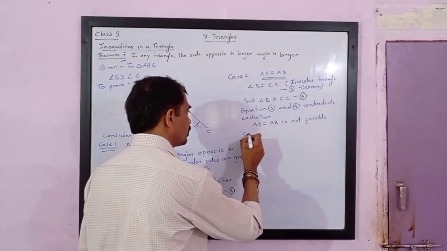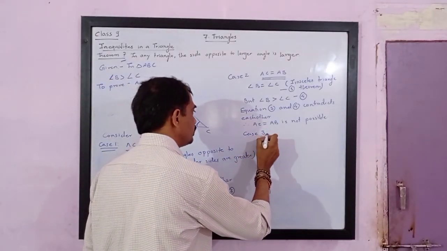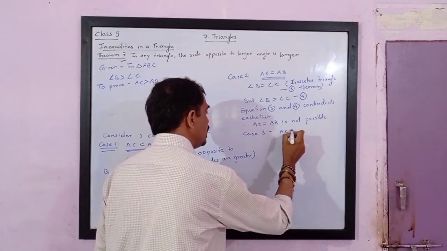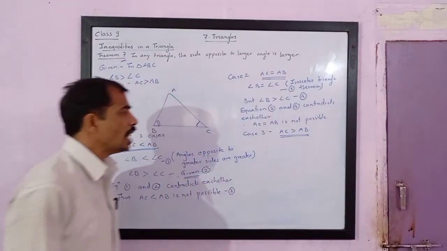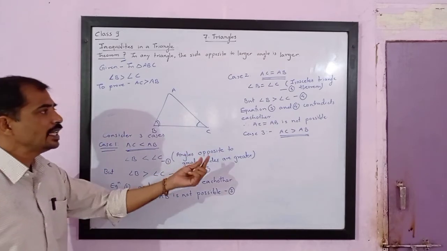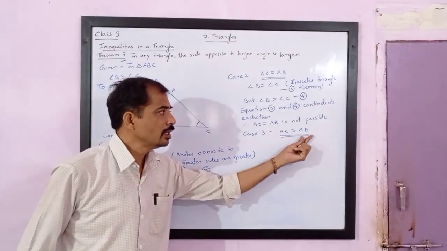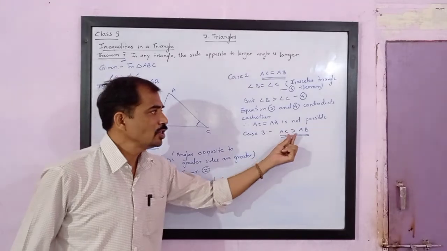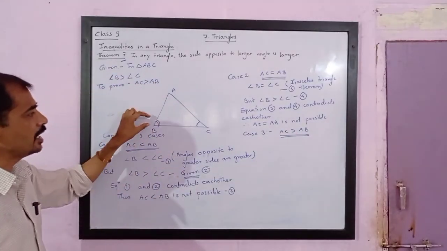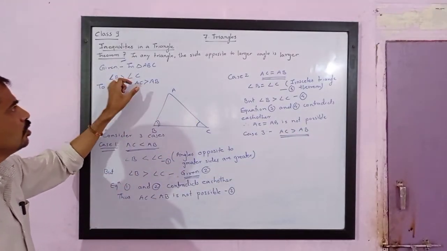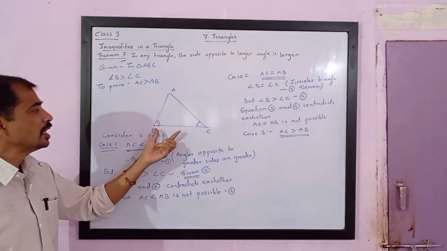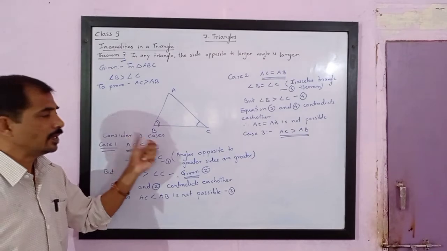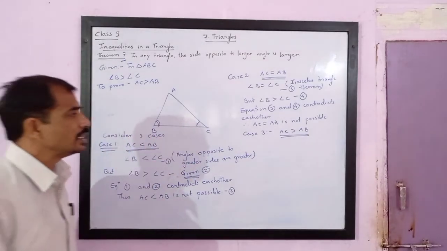Case 3 is AC greater than AB. Now see, if AC is greater than AB, then the angle opposite to the greater side is greater. It means angle B is greater than angle C, and that is what is given. It doesn't contradict; it matches whatever is given, and hence this is the only condition left.